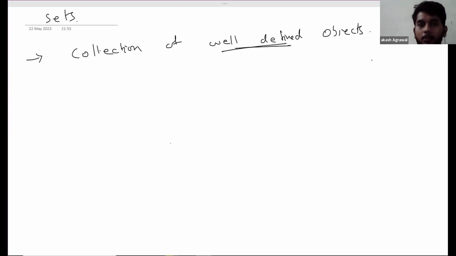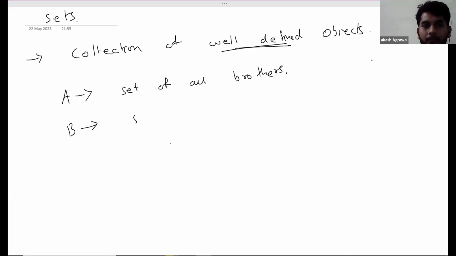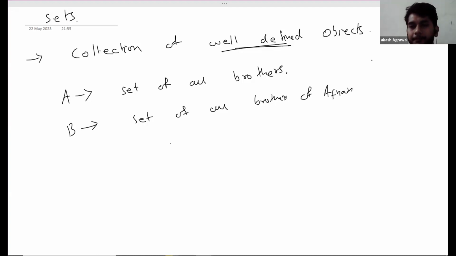Okay, so suppose I write A is set of all brothers. Is it well defined, everyone? No, sir. No. भाई किसके भाई, कहाँ के भाई? But if I write set of all brothers of Afnan, is it well defined?